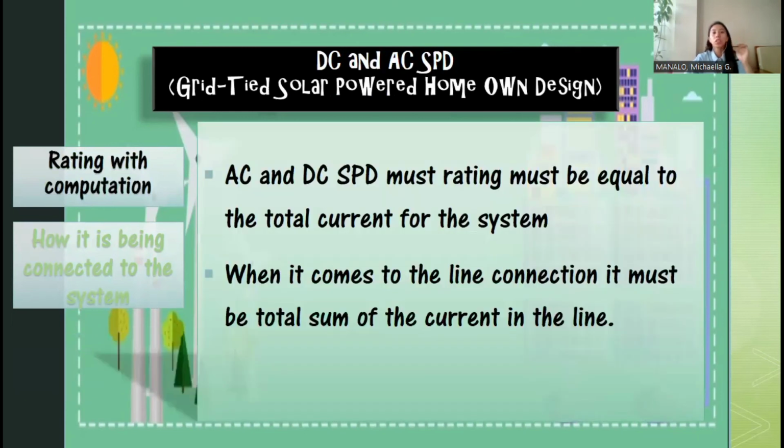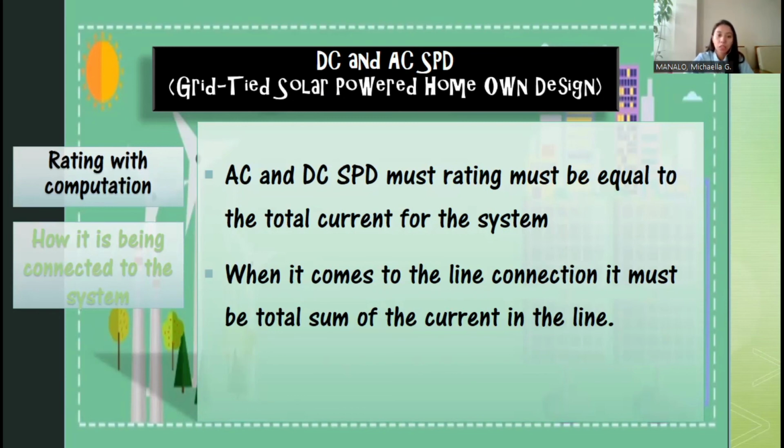Now let's talk about the surge protection device for AC and DC. So ang rating and computation, AC and DC surge protection device rating must be equal to the total current of the system. Kasi nga si surge protection device ay pinoprotektahan yung system natin from the sudden change in current.